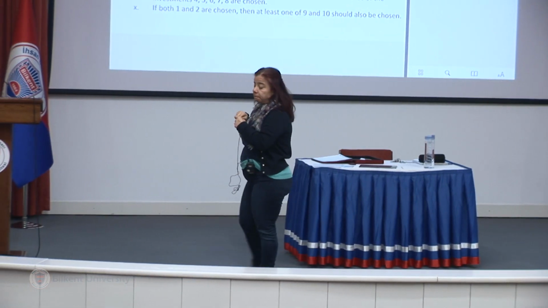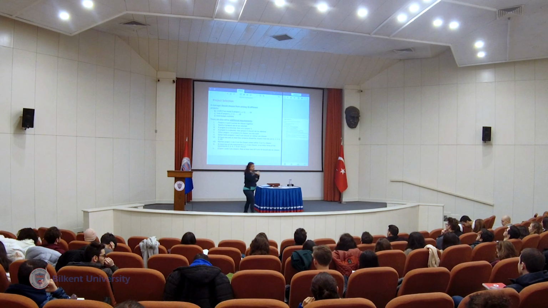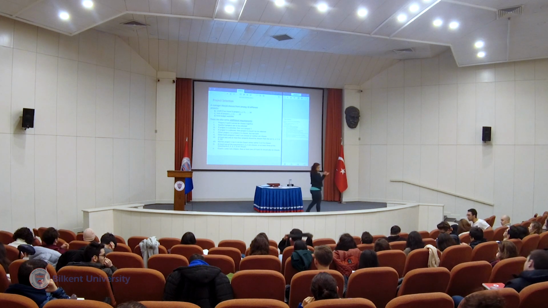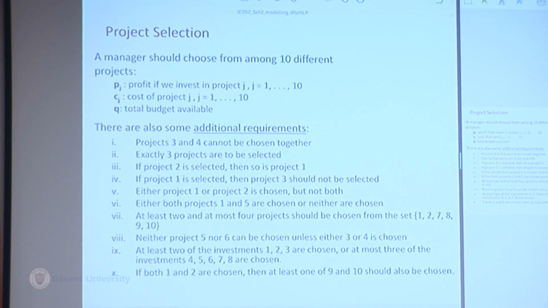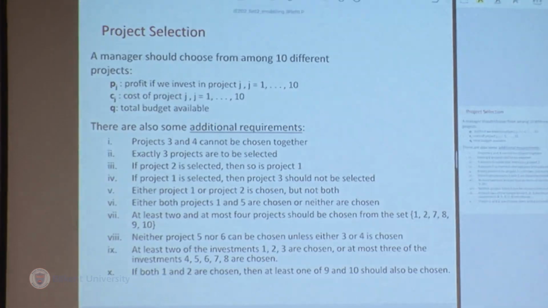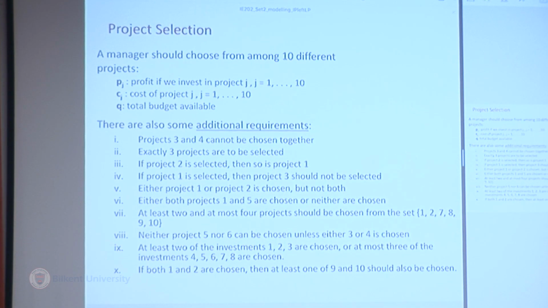Let's read the problem first. We're a manager, and we're trying to decide which projects we should finance, all right? So we have 10 projects ahead of us, coming from different departments, all right? And as a manager, you're supposed to decide which ones you should go for and which ones you should not, okay? Seems like an easy problem, right?